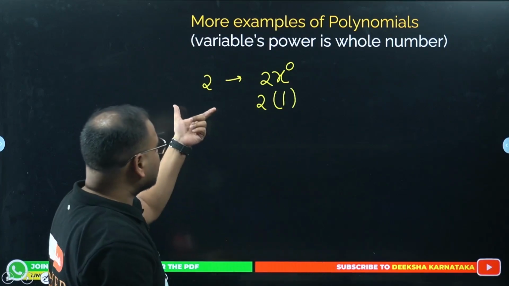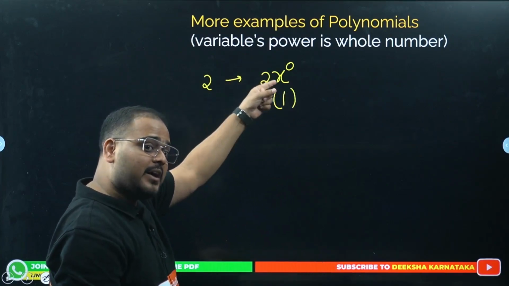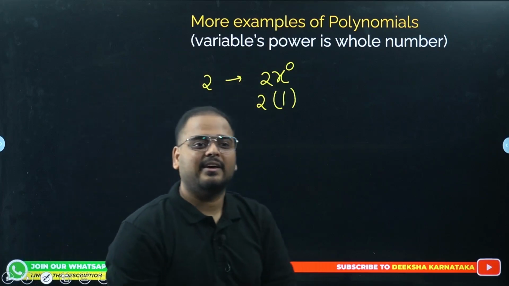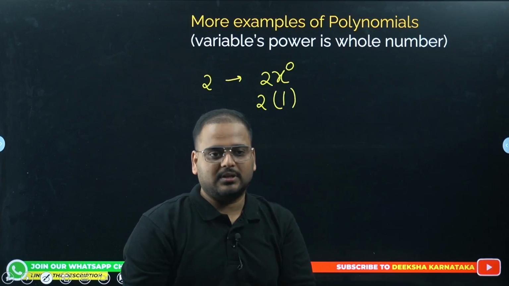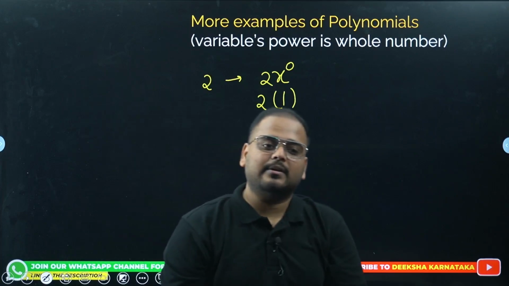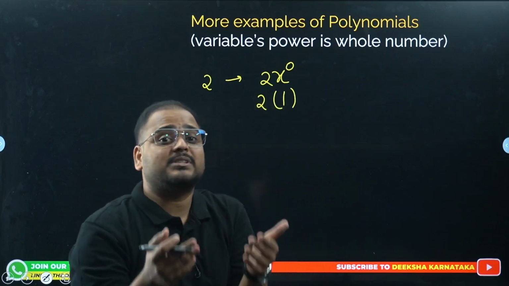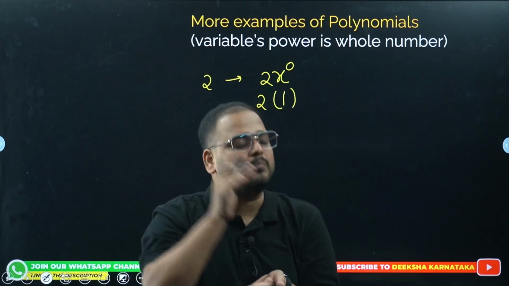So you can see here, I have a case where the degree is 0 and we still have an expression, a polynomial. So the variable's power can be a whole number. Is that clear? Okay. Now let's take some examples where the expressions are not polynomials.